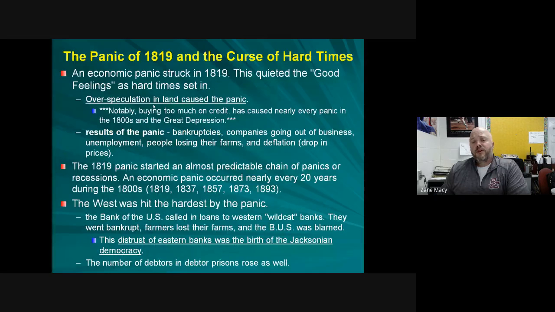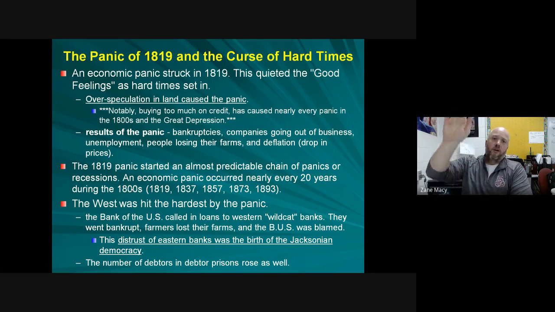Here I'm just talking about economic panics, which tended to be cyclical. They happened on a fairly regular basis, every 20 years or so, maybe 15 years, maybe 25 years. But in roughly a 20-year cycle, you see an increase in the economy, and then a recession.